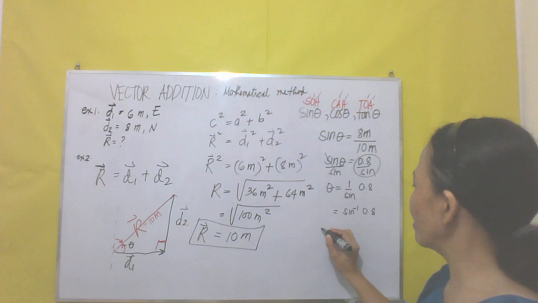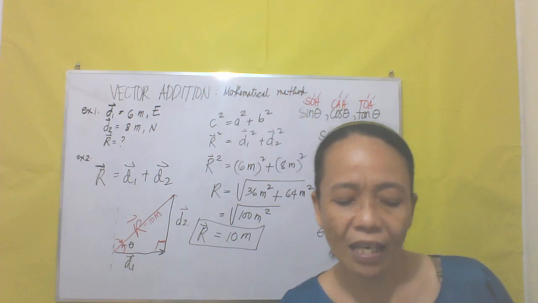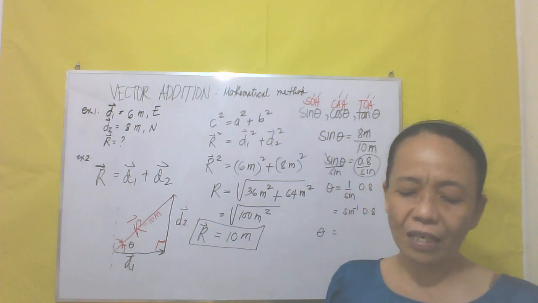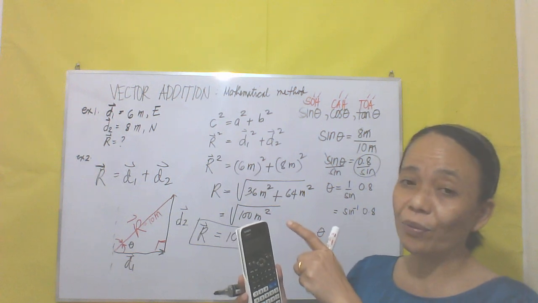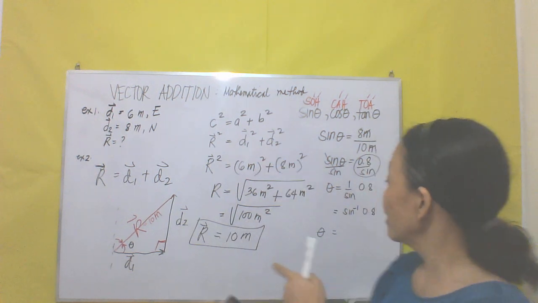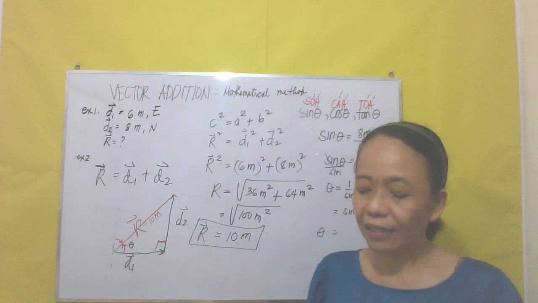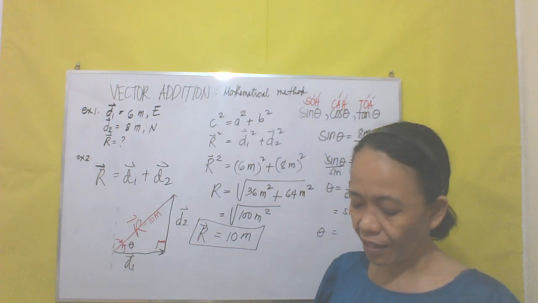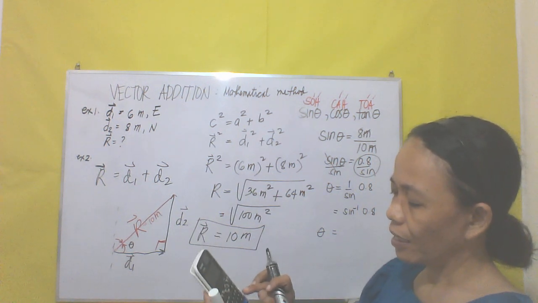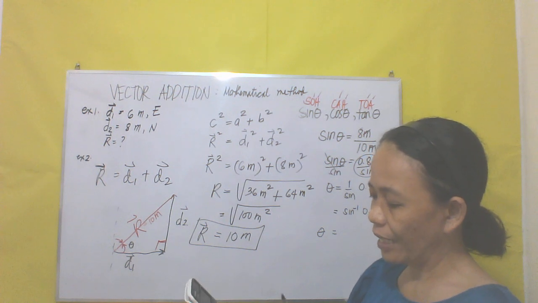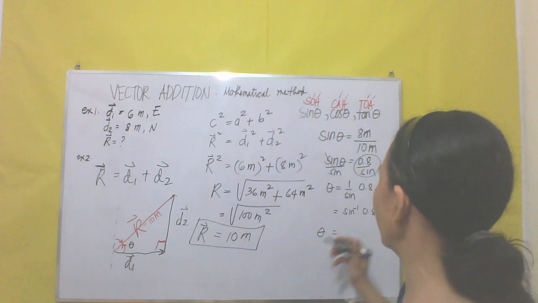Then using your scientific calculator, you press shift sine, then 0.8, which gives 53.13.